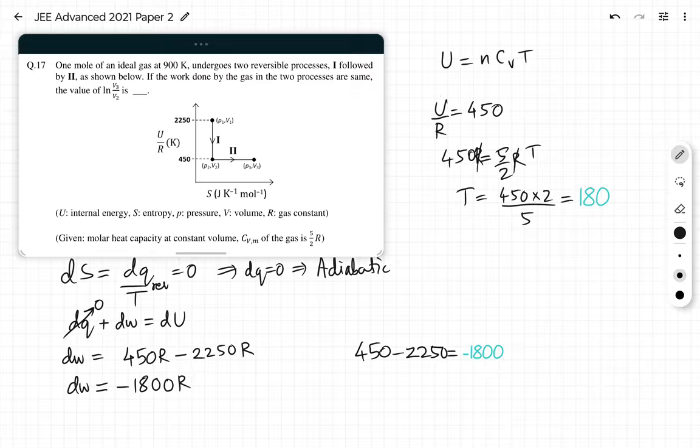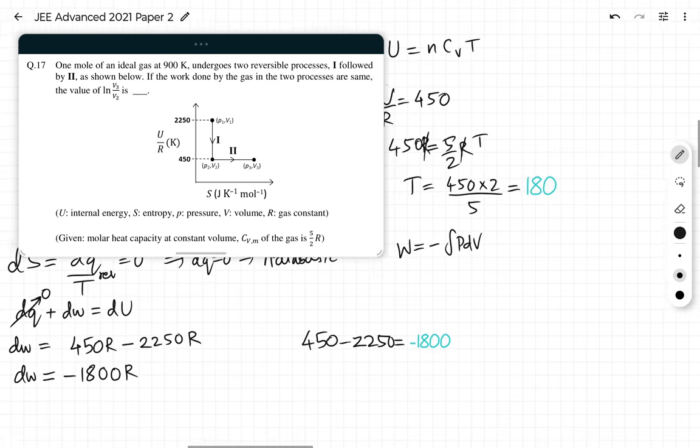at T equals 180 Kelvin, and for an isothermal process, work is minus integral PdV.